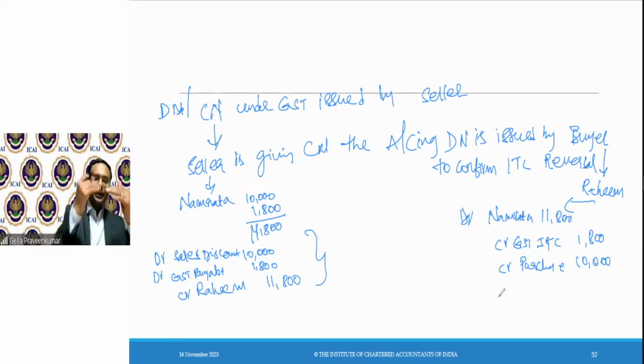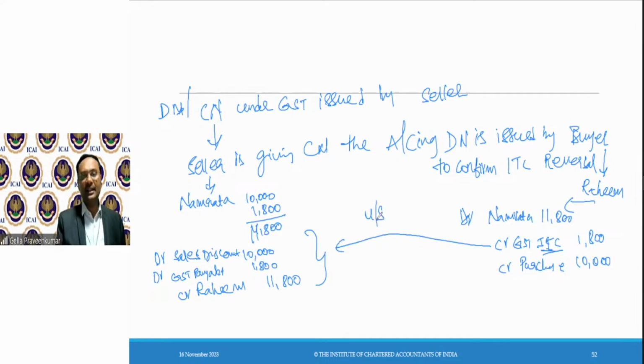Similarly, Namrata is going to reduce the sale value. And Rahim says he is reversing his input tax credit. Now, this is a requirement under section 34, read with section 15, subsection 3. This is what the law is expecting us to maintain. Hope this is clear, students.